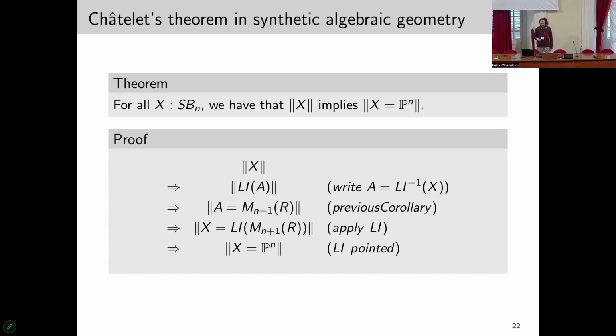Therefore, by the corollary, A is equal to Mn plus 1 of R, and then we just apply Li to know that X is equal to the type of left ideals of Mn plus 1 of R. And the fact that the map is pointed precisely means that this is Pn. And that concludes the proof, and that concludes my talk. Thank you.